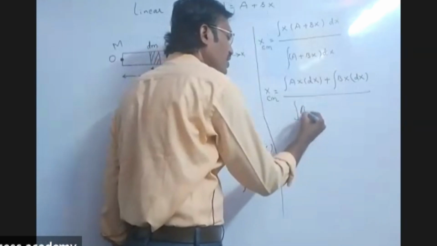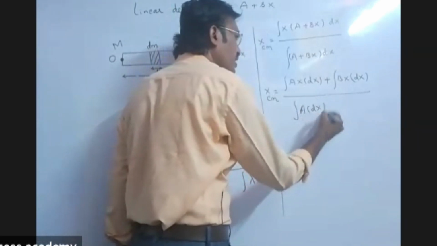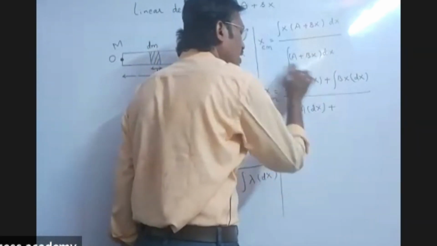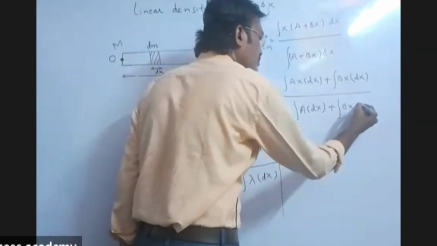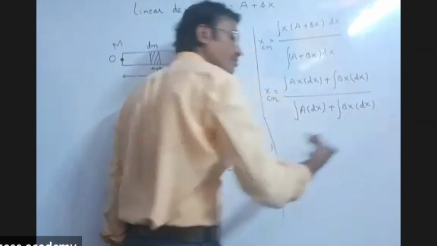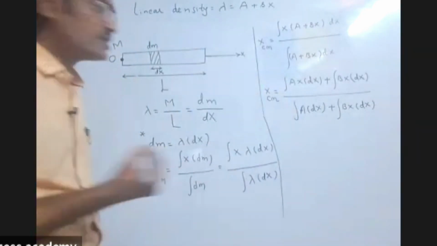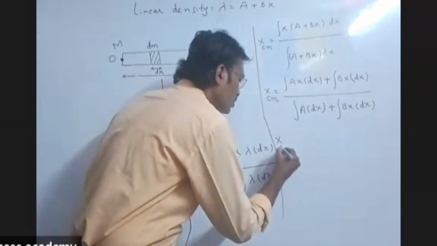So integral a into dx, split the integration part, plus integral bx into dx.